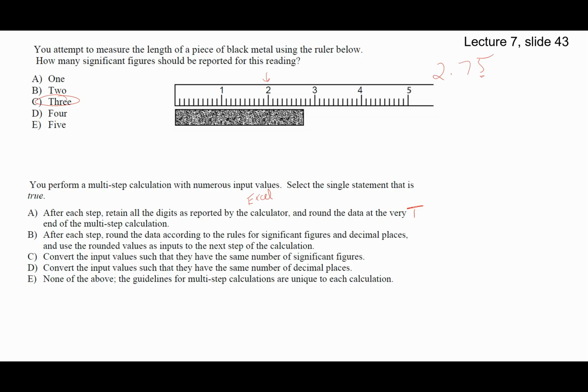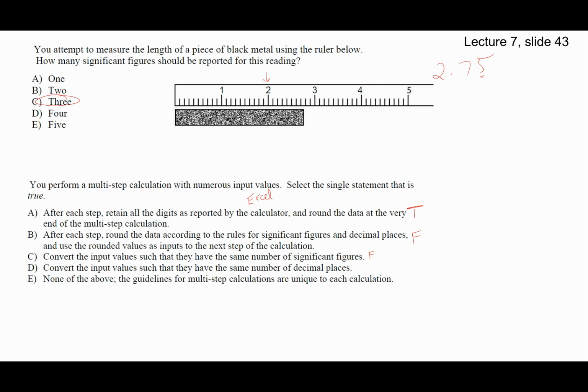There's A, B, and C. After each step, round the data according to the rules of significant figures, and use the rounded values as inputs for the next calculation. Yeah, that's totally bad, right? Total error you're going to start introducing as you run those numbers. C, convert the input values such that they have the same number of significant figures. Why would you want to do that?